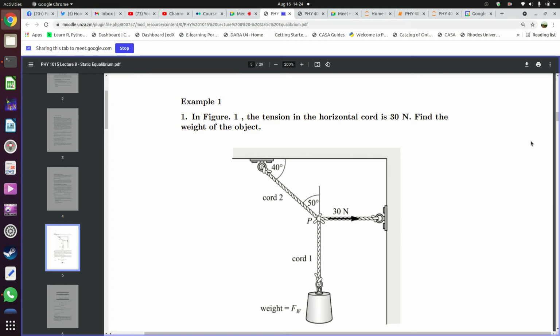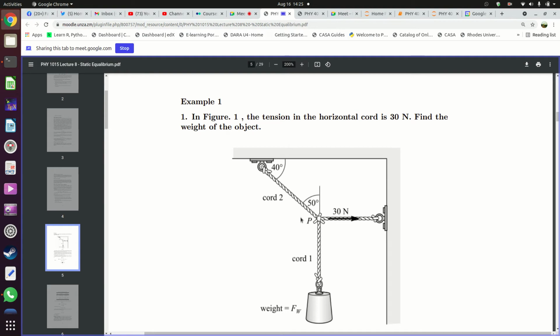Before you proceed, I just want to ask why you have chosen 140 for chord 2. Why have I chosen 140 degrees? Because I've chosen to measure angles from this rope. Basically, I'm trying to overlap this point P with an XY axis.